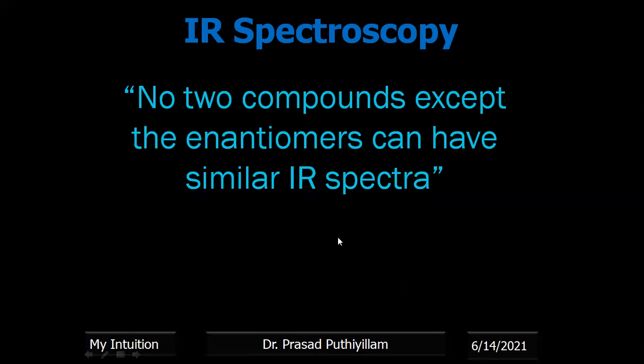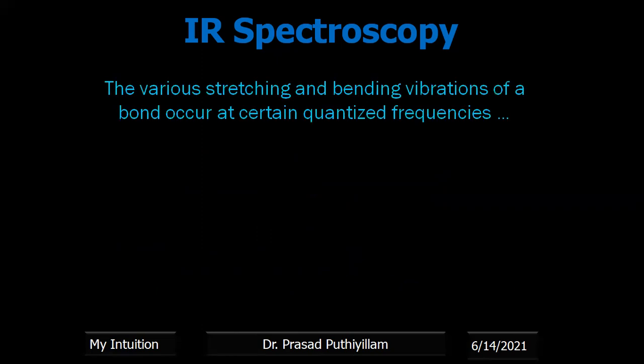That means IR spectra is a good spectroscopic method for the qualitative analysis of compounds. One more statement: the various stretching and bending vibrations of a bond occur at certain quantized frequencies.